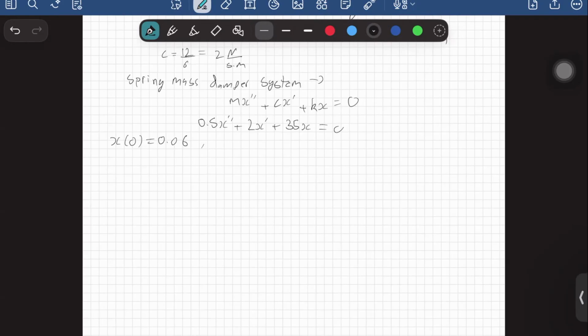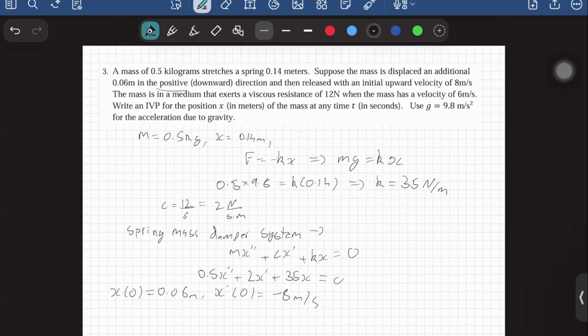And the other part that was given to us is it was released with an initial upward velocity of 8 meters per second. So x prime of 0 is equal to negative 8. Why is it negative 8? It's negative 8 because it's upward, and they've decided that positive is downwards. So if it's upwards, that's going to be negative, right?